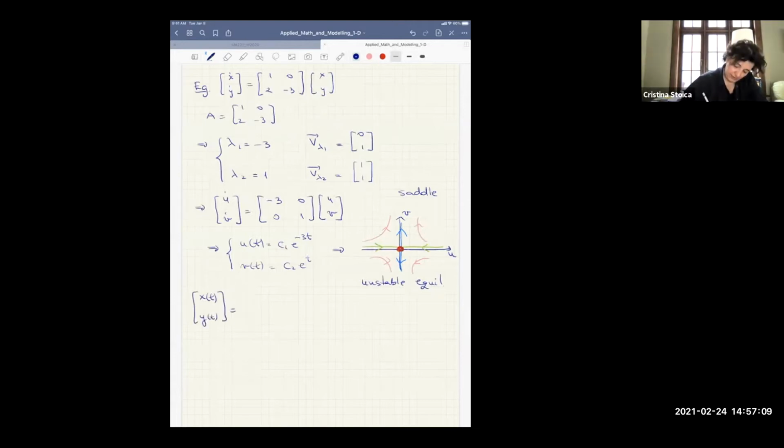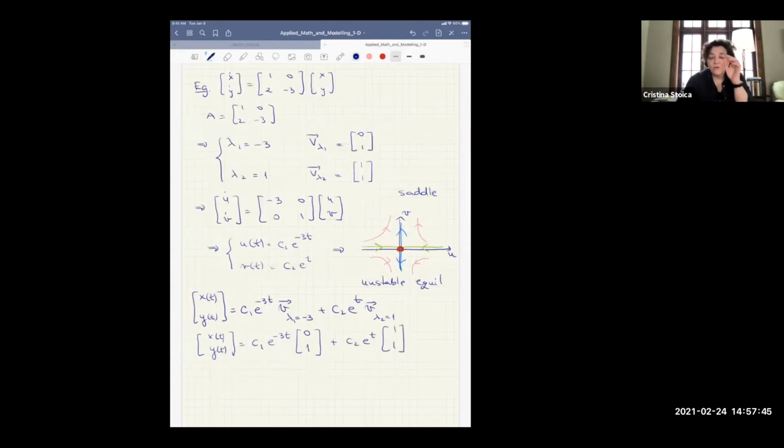This is C1 e to the minus 3t times V lambda 1, which is 0, 1, plus C2 e to the t times V lambda 2, which is 1, 1, okay?